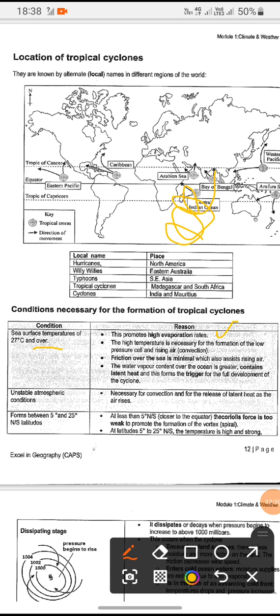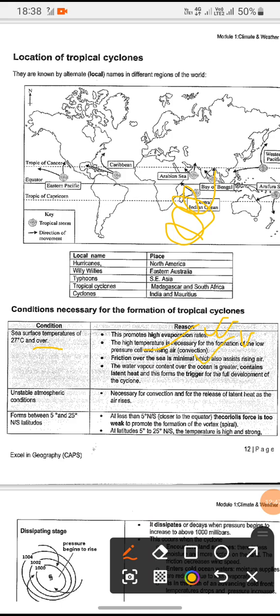So the high temperatures are necessary for the formation of low pressure cells. They may ask you why a tropical cyclone requires high temperature. You must tell them: to maintain the low pressure cell. It promotes evaporation, then it reduces friction.